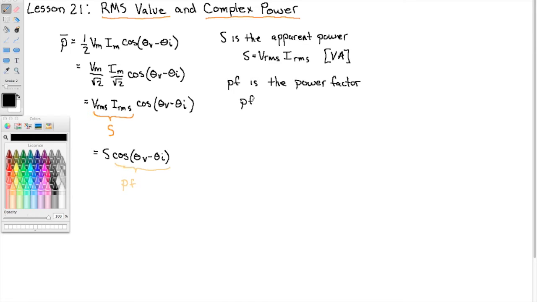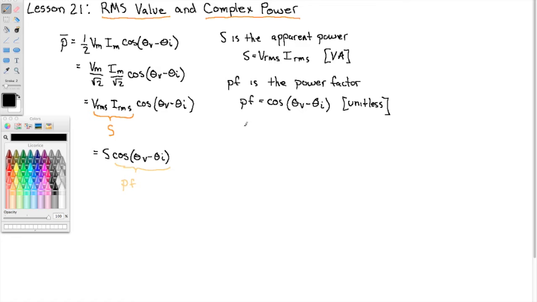PF equals cosine of theta V minus theta I. So this is unitless, because when you take a cosine of something, you get out a unitless number. Think back to trig. Cosine is a ratio of two lengths of a triangle. If you take the ratio of two things, you get a unitless number.